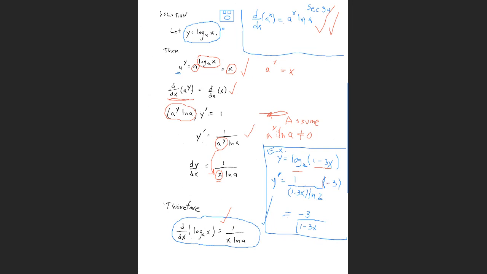So I thought it was good to just do that example there, because we're always used to seeing natural logs, right? And logs to other bases are less common, but we can still take the derivatives of log functions that are to different bases instead of like base e. All right, are there any questions?